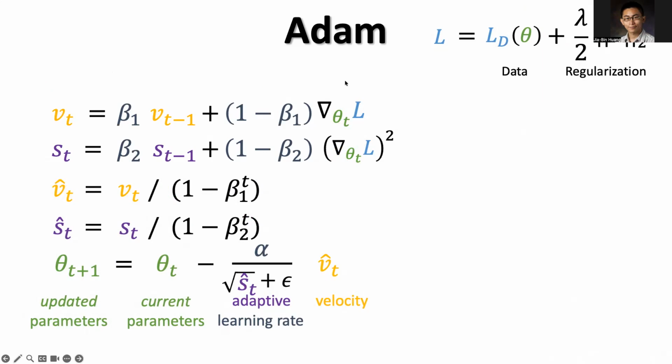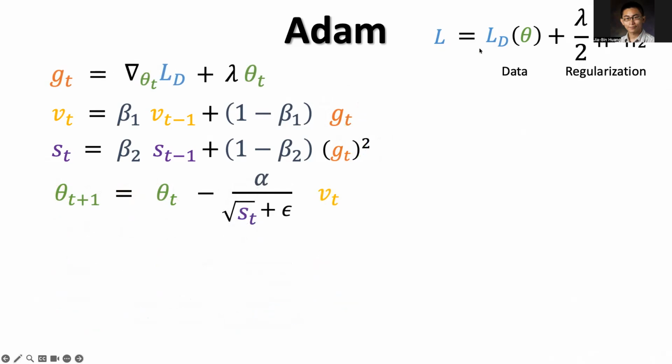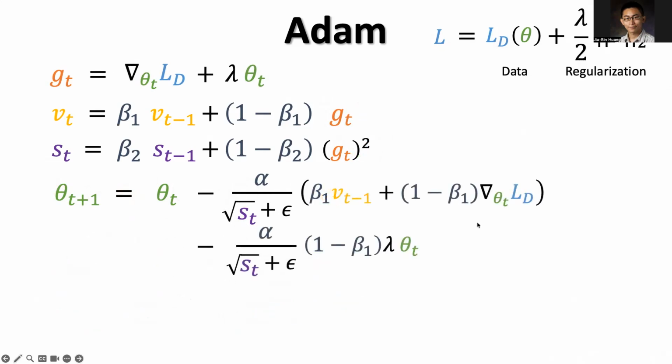So what happened is that if you compute a gradient with the regularization and run the ADAM algorithm, it will look like this. What happens here is a weird thing. This term will have a weight decay, a regularization. But if the gradient magnitude is very large, then you should have more weight decay, right?